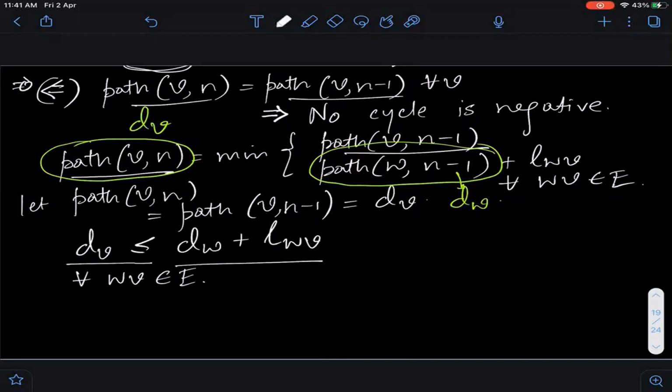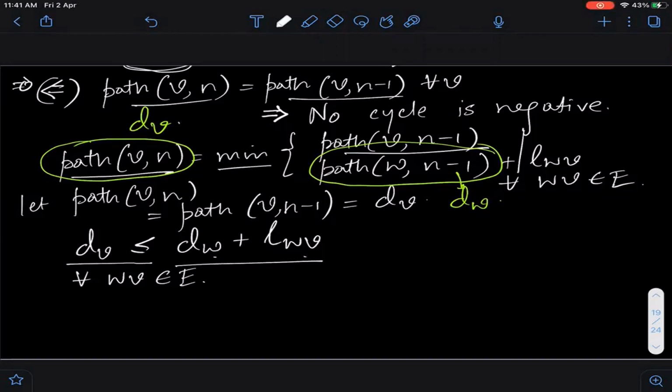Clearly, very good, Utkrisht. So what Utkrisht is saying is, देखिए हम इन सब का minimum ले रहे हैं, right? तो हम जिन चीजों का minimum ले रहे हैं उनमें से एक quantity मैंने लिखा है यहाँ पे, which is dw plus lwv. That is one of these options. तो अगर I am taking a minimum over several options, then that quantity which is dv can be at most one of those quantities. उससे बड़ा तो नहीं हो सकता, because you're taking the minimum of all of them.